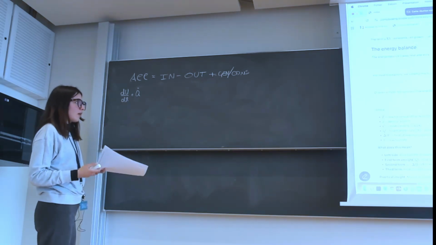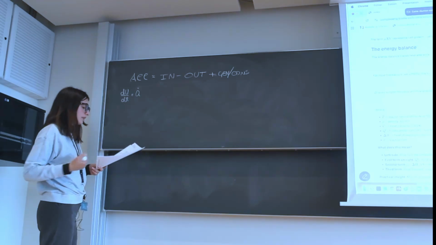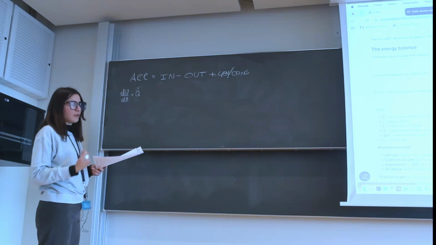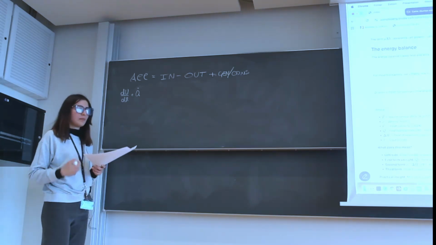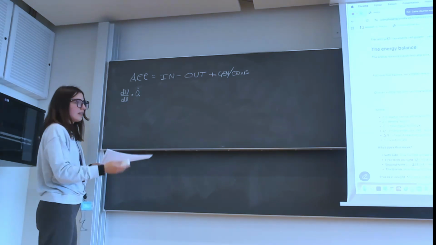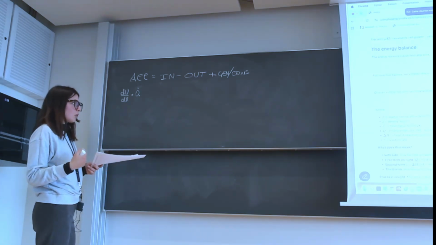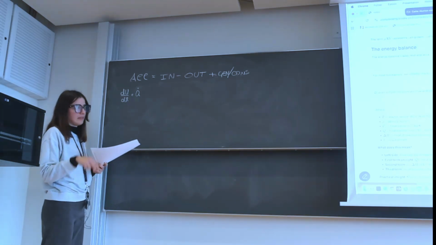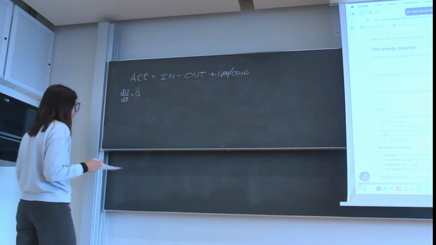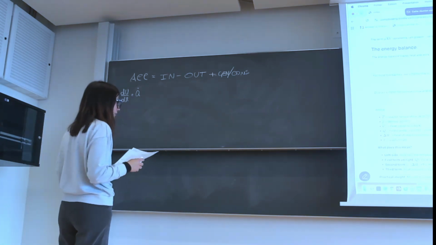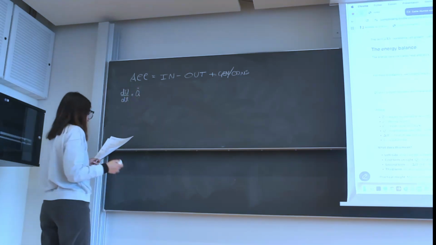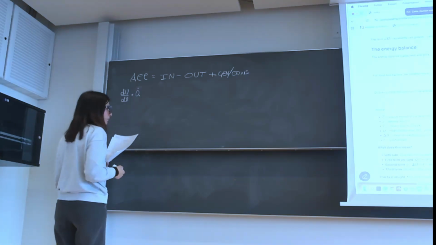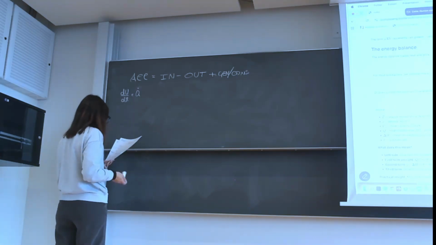In particular, all the terms that increase the amount of heat inside the system are considered positive, and all the quantities that lead to a decrease of the heat inside the system are considered negative. So this is the thermal flow that we can have from the surroundings.